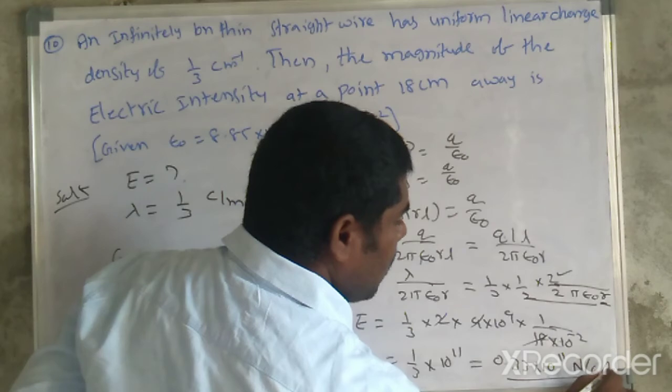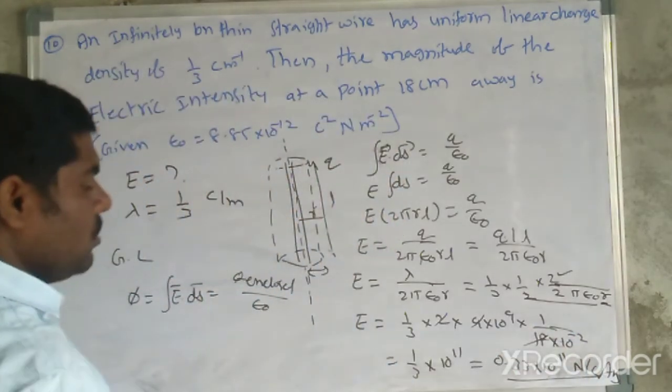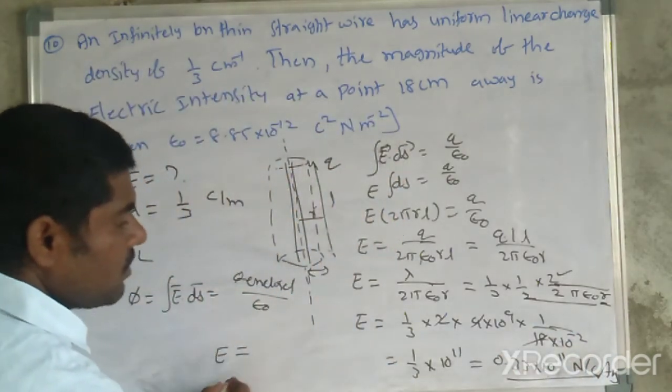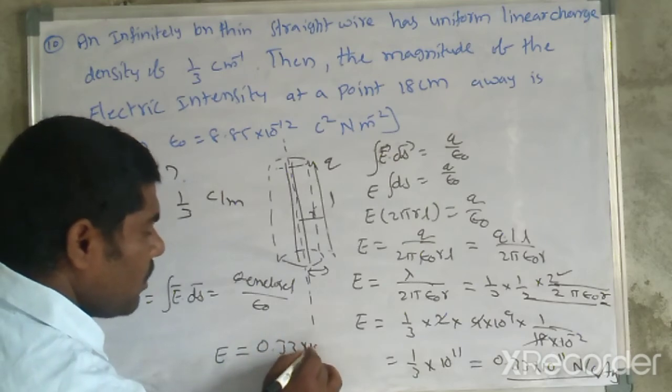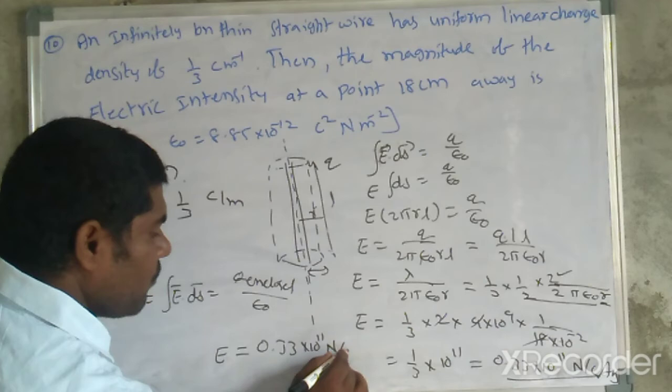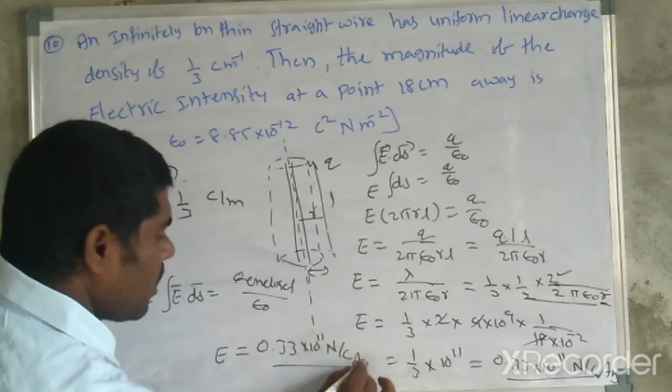This is the answer to the question. So electric field is equal to 0.33 × 10^11 Newton per coulomb. Now this is the answer.